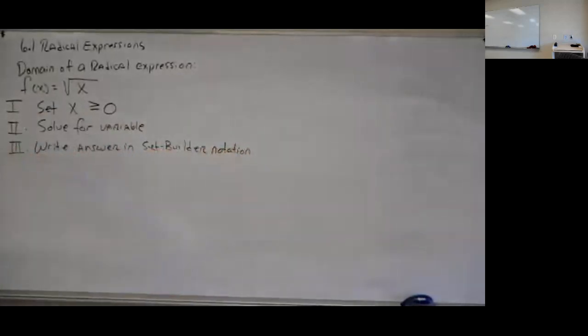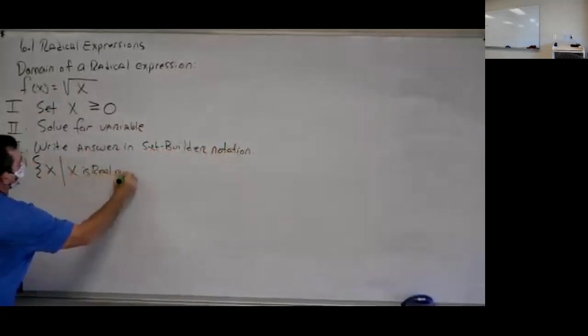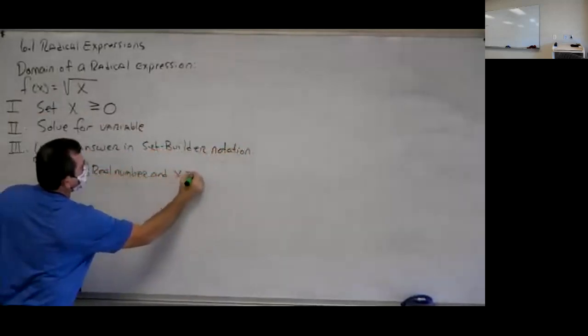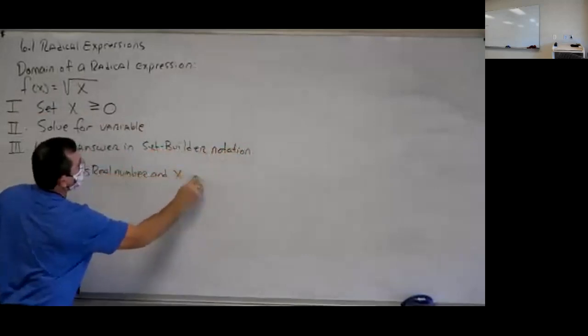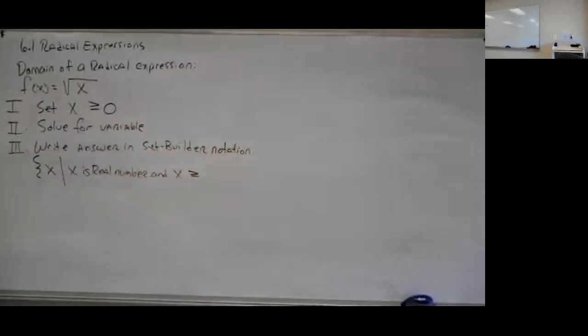Now, when y'all did set builder, they usually gave y'all A, B, C, D. You just pick the one with the answer. But set builder notation was the one where they did the curly parentheses, and they put the x such that x is a real number, and x has to be greater than or equal to whatever answer we get on these, okay?